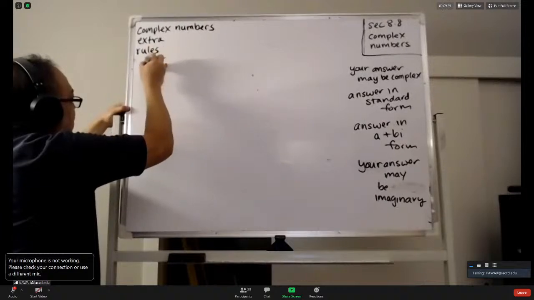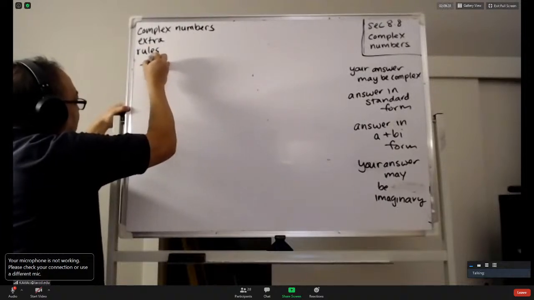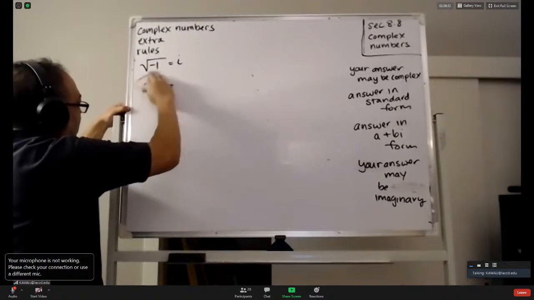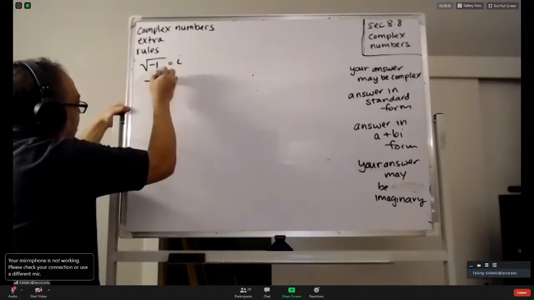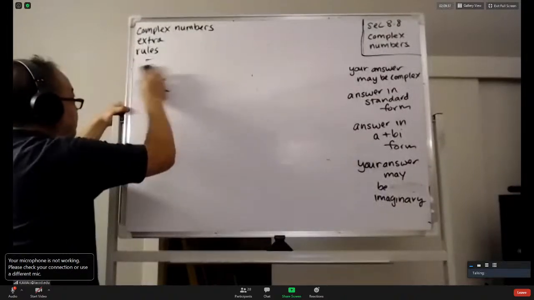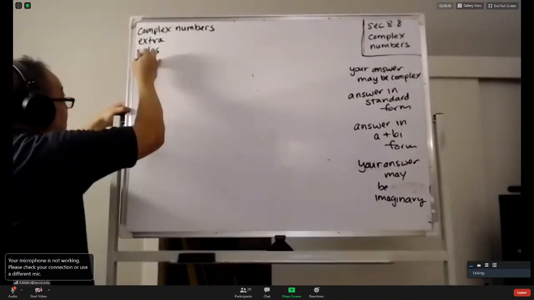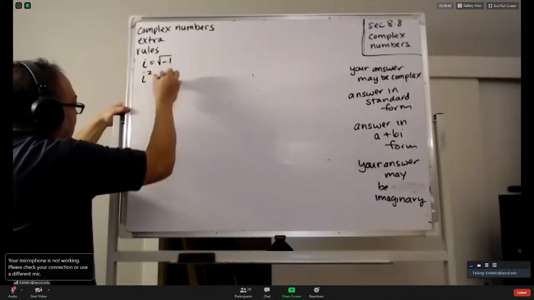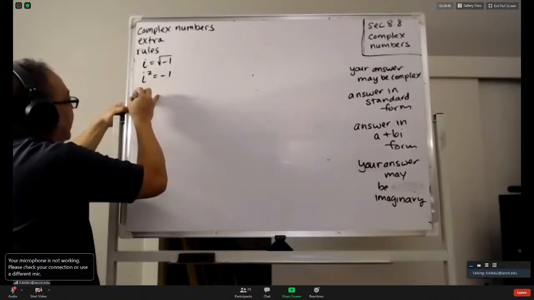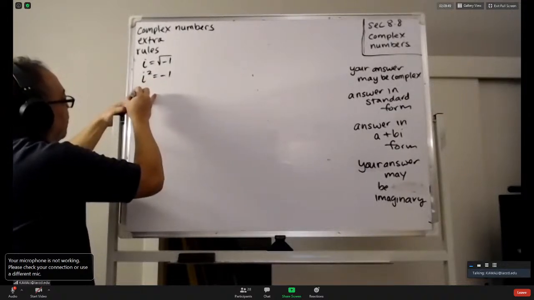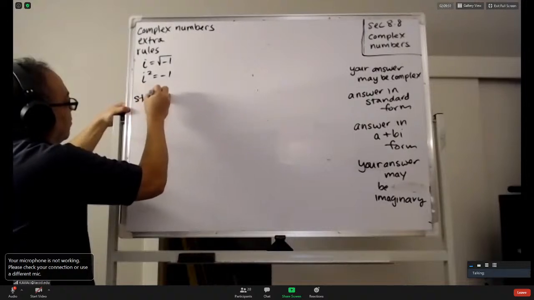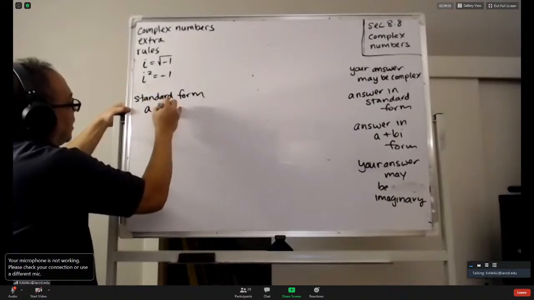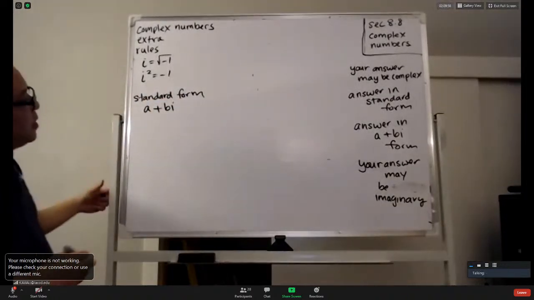In this world, the square root of -1 is equal to i, or let me write it the other way. i squared is equal to -1, and then we write our answers in a plus bi form. So standard form is called a plus bi, okay?